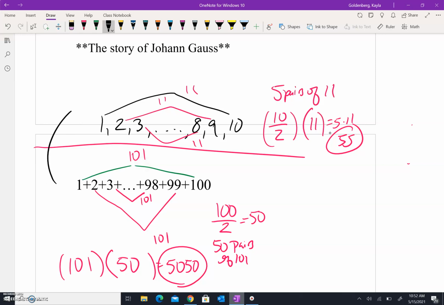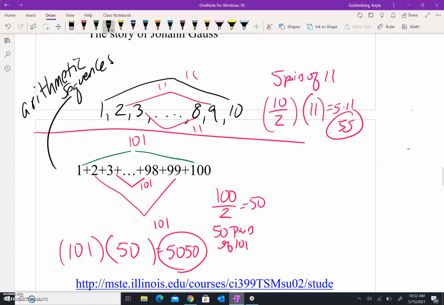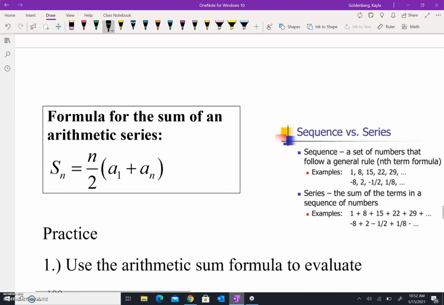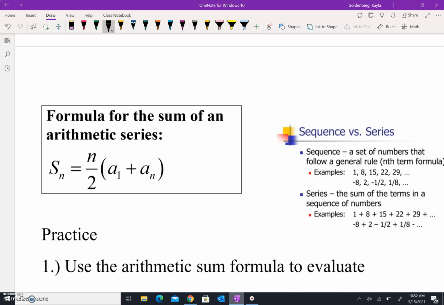That's an important thing to realize. So we can use this pattern that we're noticing to make a generalization about the sum of an arithmetic sequence of numbers. So the sum looks like this.